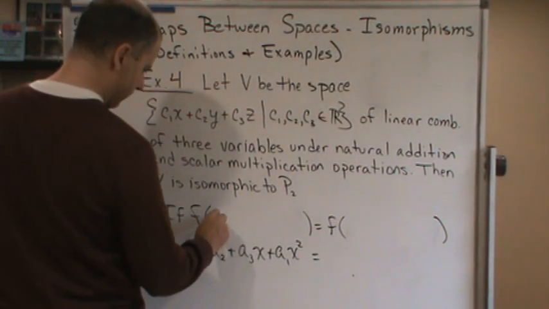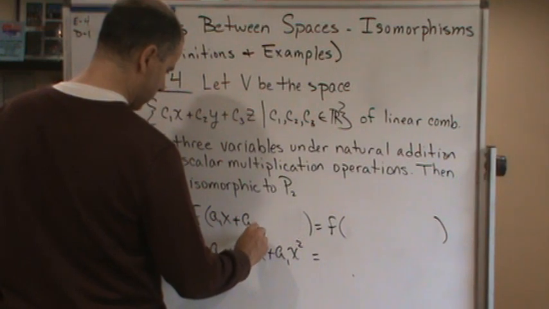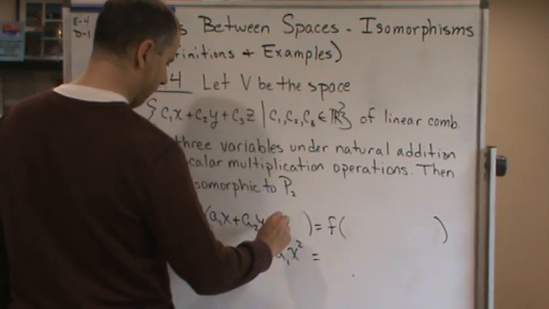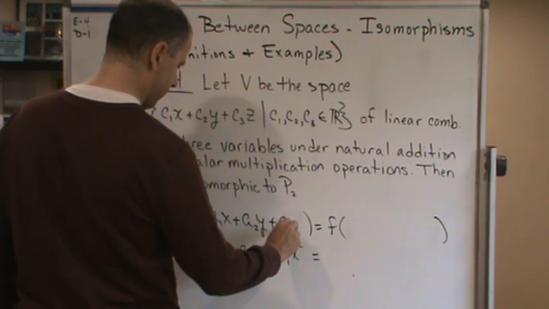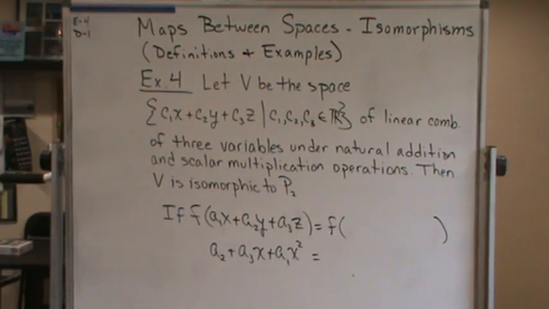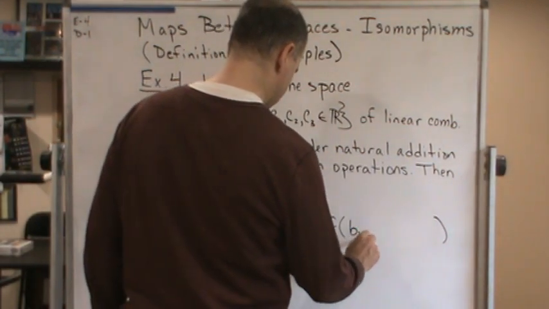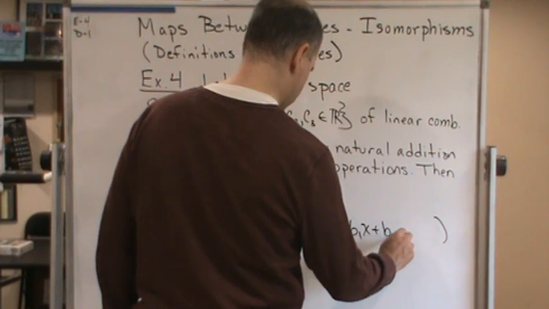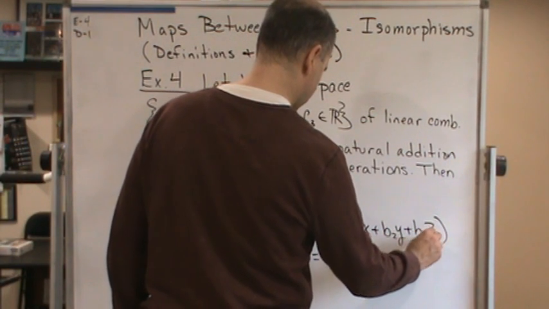This is a1x plus a2y plus a3z. And this will be b1x plus b2y plus b3z.